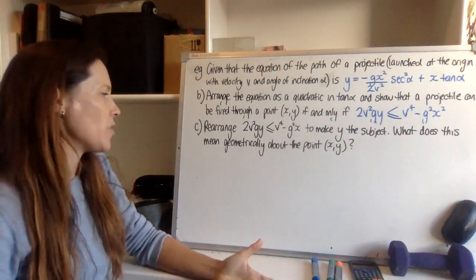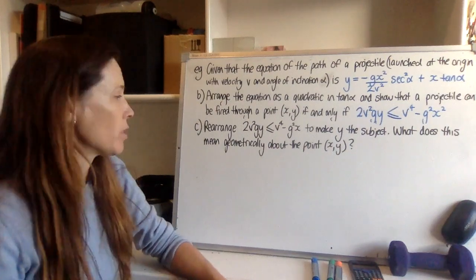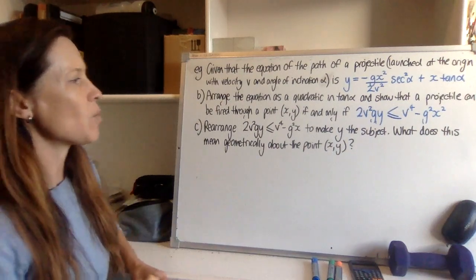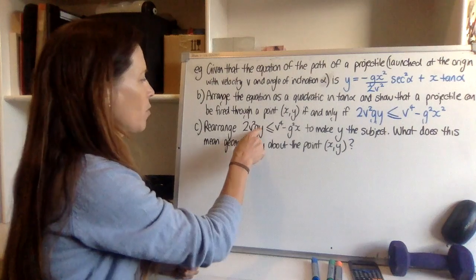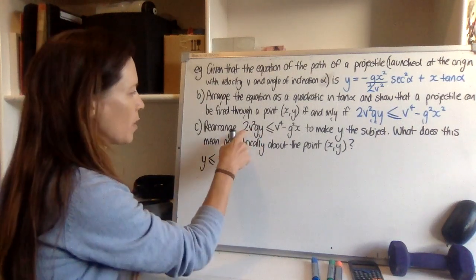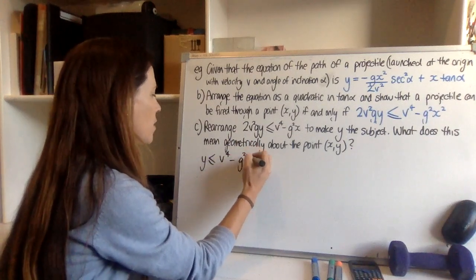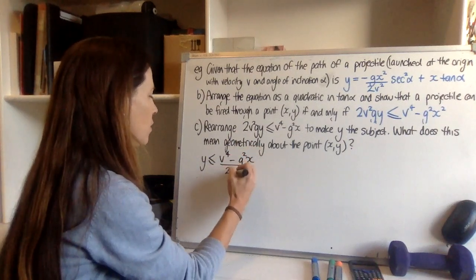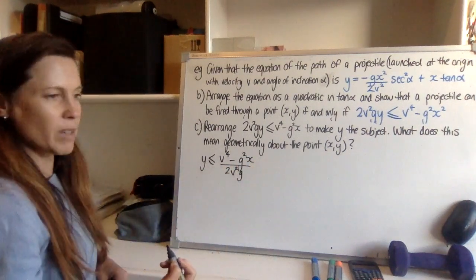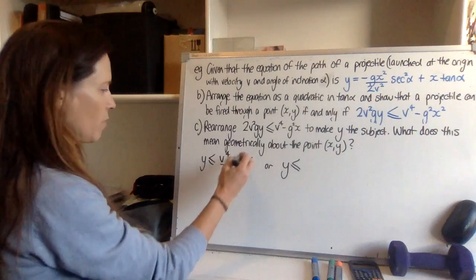What does this mean geometrically about this point xy that our projectile is going to go through? All right, making y the subject, at the moment the y is all caught up with this, so we really just need to divide both sides by 2v squared g. So we'll get this. Now, we could leave it like that, or we could rearrange it so that we're dividing the fraction up.